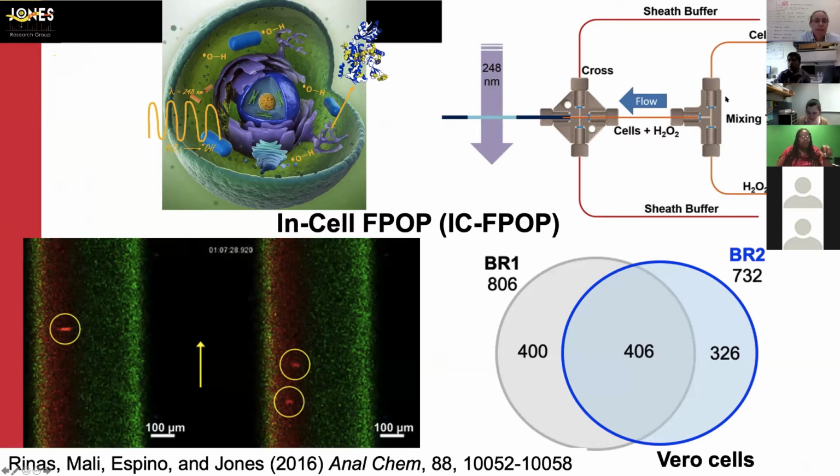When we designed this flow system and decided how much time cells and H2O2 were going to be mixed, we had to balance it out, because we do want some of the H2O2 broken down so we can generate oxygen so FPOP will work, but we still need enough left that we can modify a lot of proteins in the cell. So in designing this, that was the thing we had to work out.